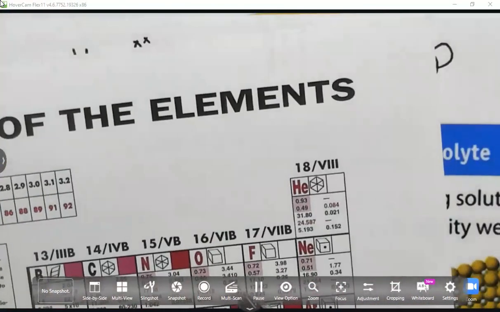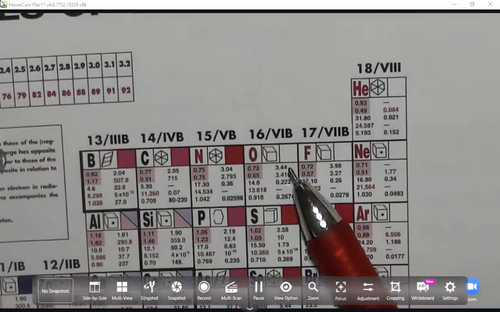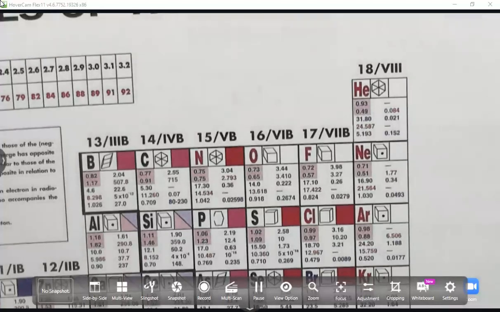Oxygen over here is 3.44. What that value really says is which one of those atoms wins the pull for shared electrons. The higher number is able to pull the electrons towards itself more. It's like a tug of war for those shared electrons.